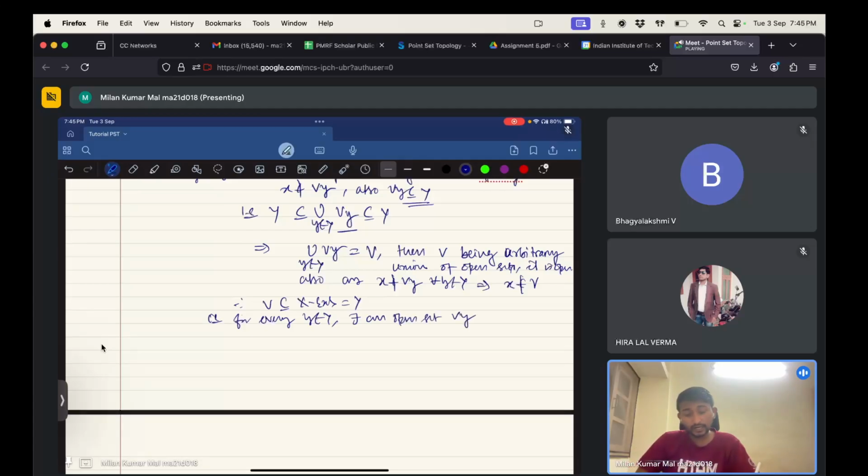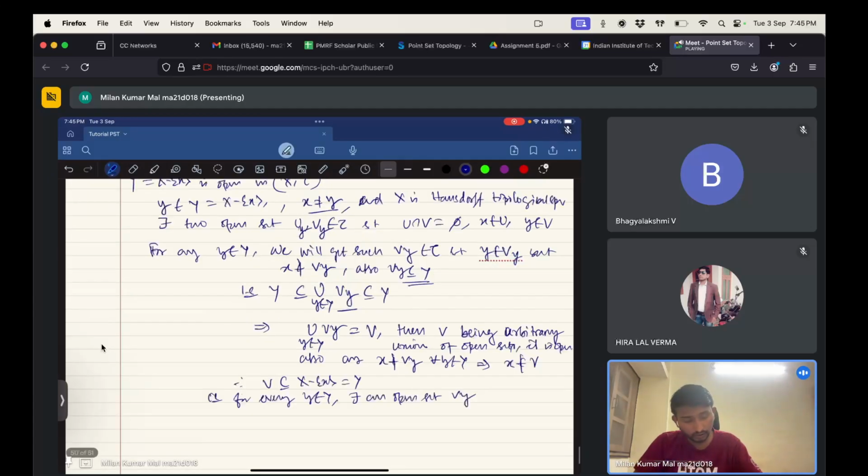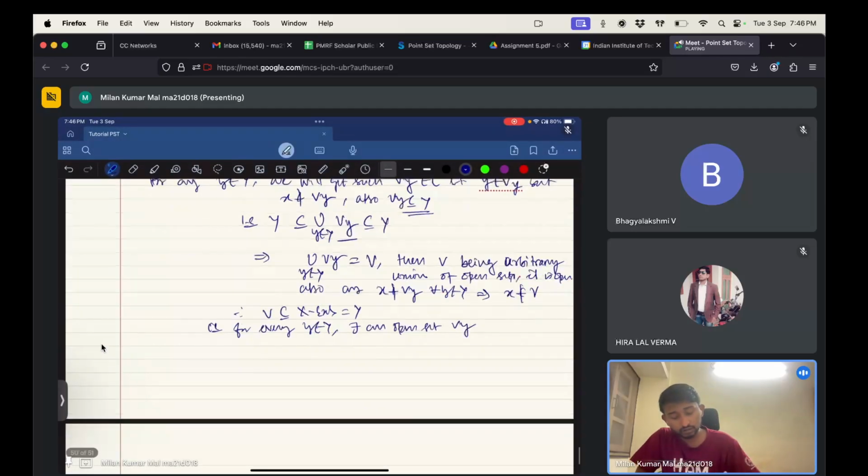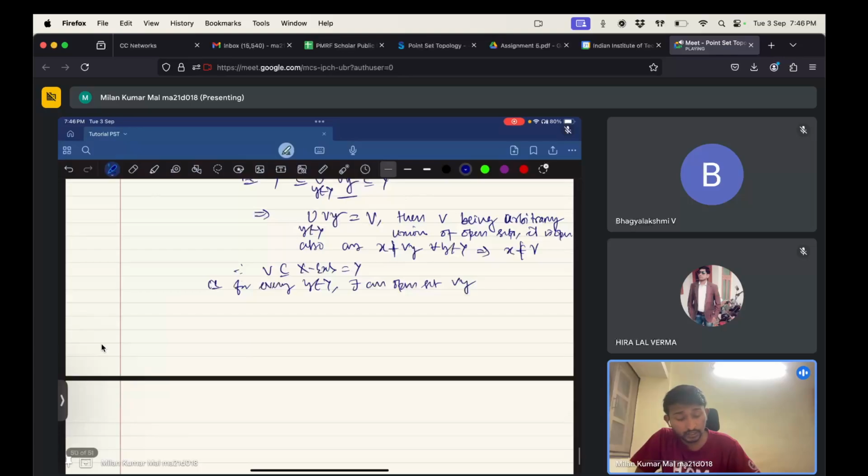set V_y. I think that can be done directly; I don't need to write all those things. For every element, there is an open set V_y such that y belongs to V_y, which is a subset of X minus {x}.